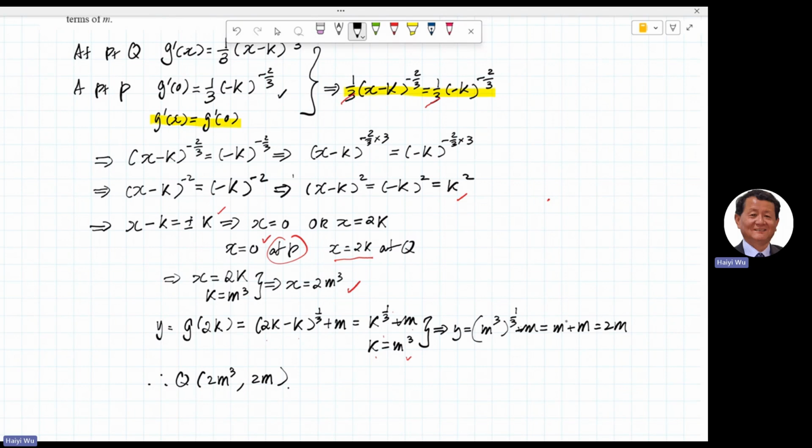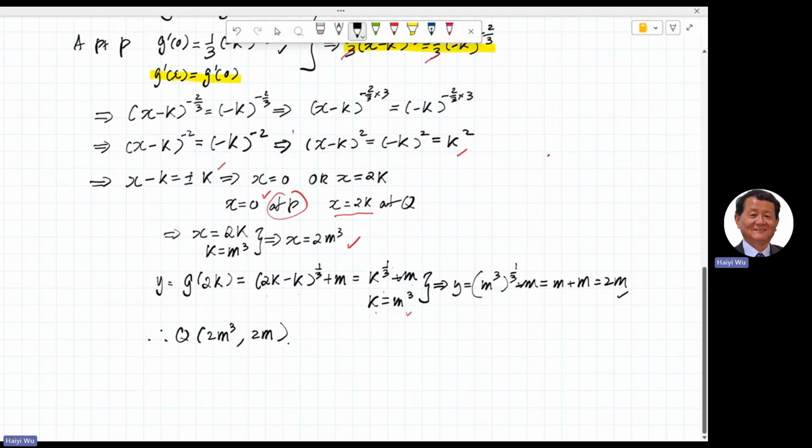So cancel that, it becomes m to the power 1. So m plus m, the answer is 2m. So the coordinates of point Q are (2m to the power 3, 2m). Now we have solved for the coordinates of point Q.